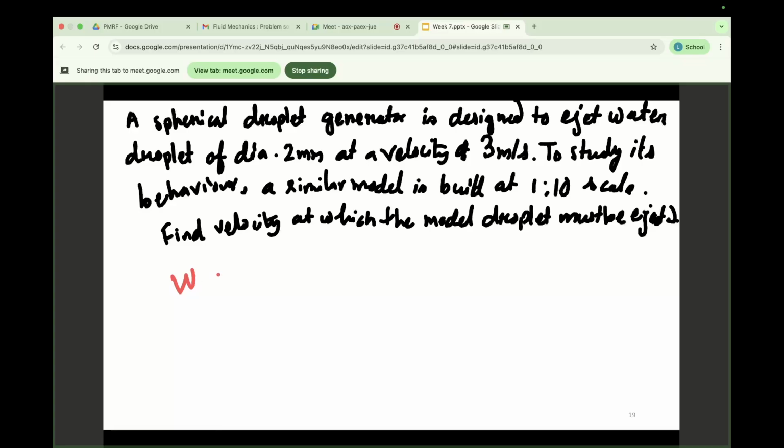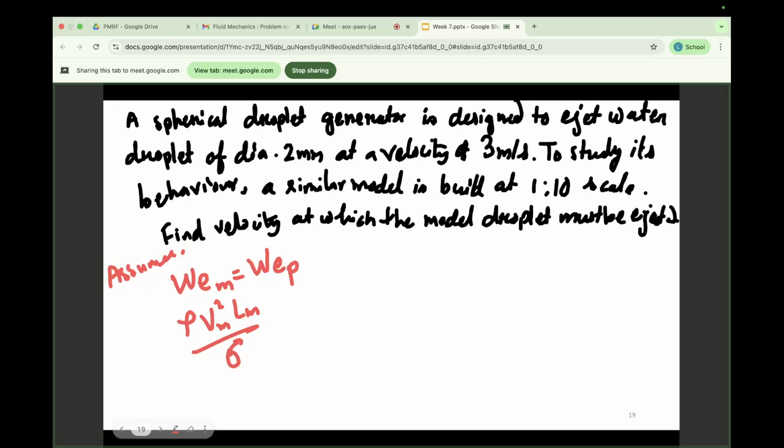If it is not mentioned, still you can consider it. For the model I can write like that, assume, I am just assuming this thing. In place I can write rho Vm square Lm by sigma.